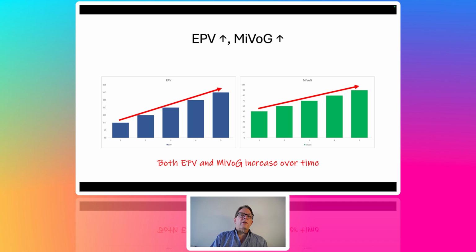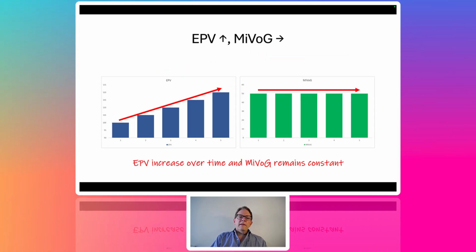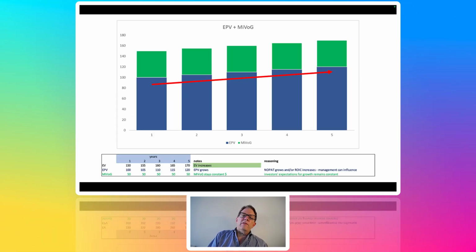The PE is actually increasing, which brings us back to the PE world. In this case, earnings power value, earnings are growing every year, but what investors are willing to pay for future growth is staying constant. Now, if we add a growing series, earnings power value, to a constant series, market implied value growth, the total will also increase, and it looks like that, right? We do see that increase.